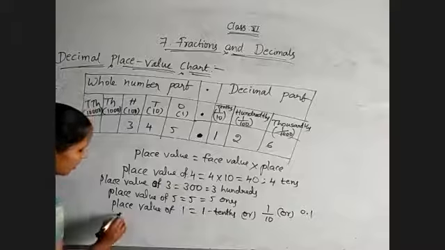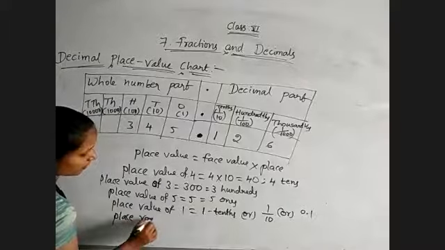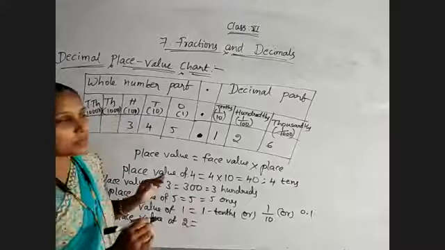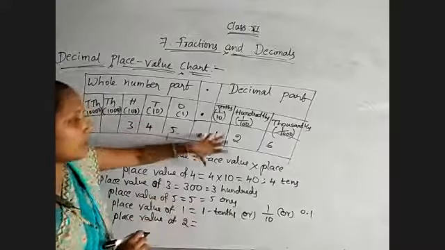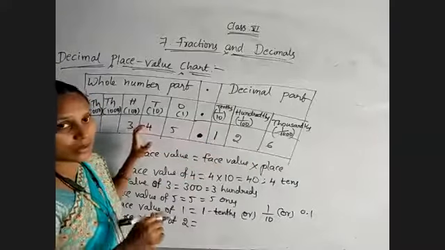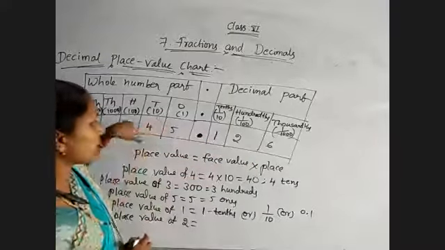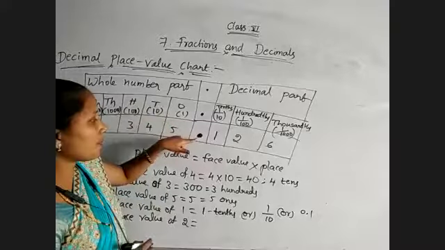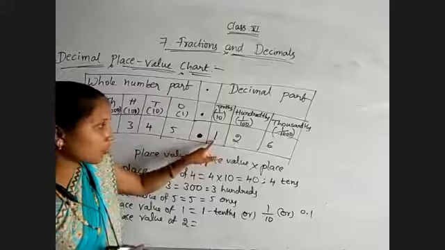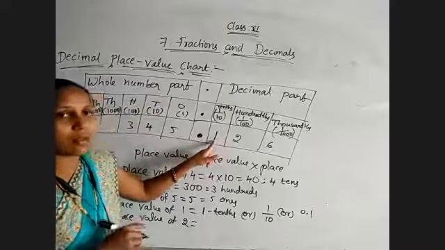Next, place value of 2. So directly just observe what I said. For a decimal part, whole number part will be 0 if we are writing the place value. So this complete portion is 0 point. We are writing the place value of 2. So before 2, one digit is there. That one also we must keep as 0.